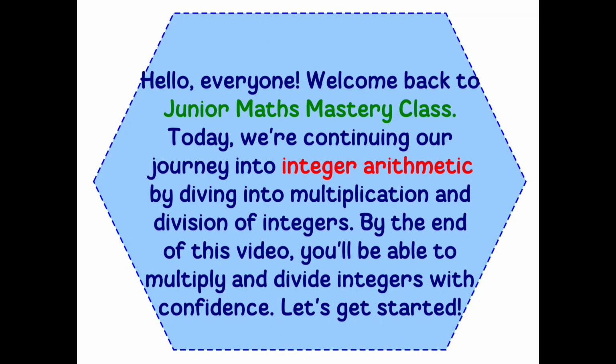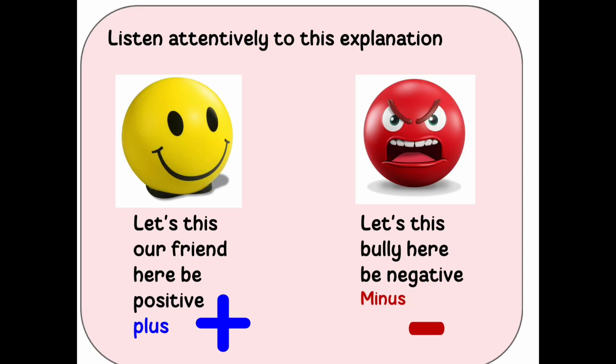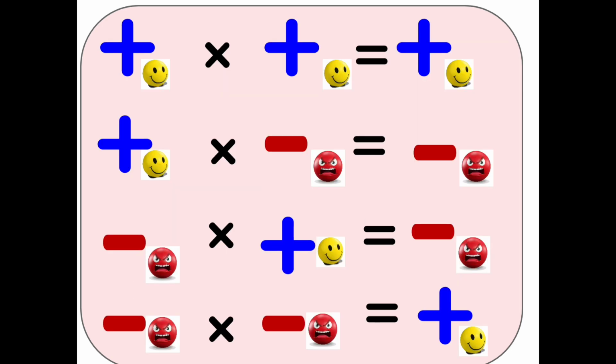So let's get started. I believe you remember our friend and the bully, the positive and the negative, right? Very good. So here is the multiplication of signs, the plus and the minus sign. I believe you've been able to study on your own the multiplication of positive and negative signs, right?